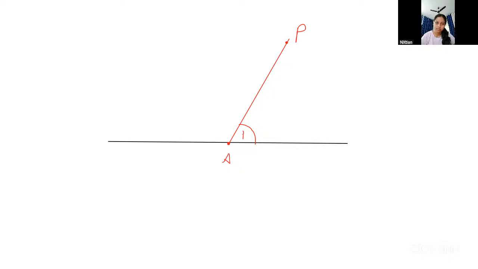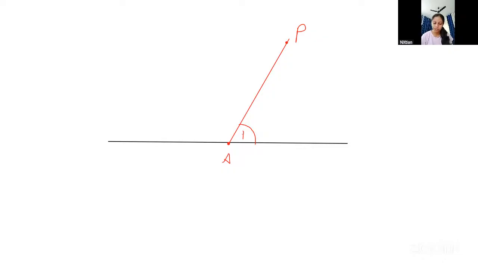Done till the angle 1. I've done drawing the arc. Yes, very good. Now put your compass on point P. Do not change the radius.